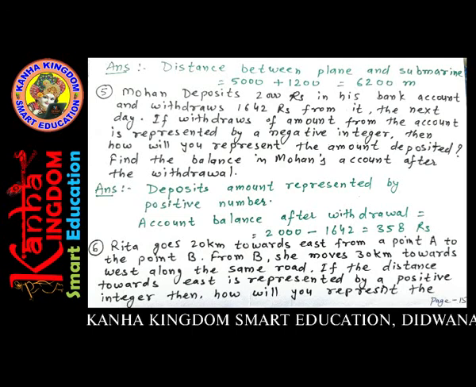If the distance toward east is represented by a positive integer, then how will you represent the distance traveled west? By which integer will you represent her final position from A?